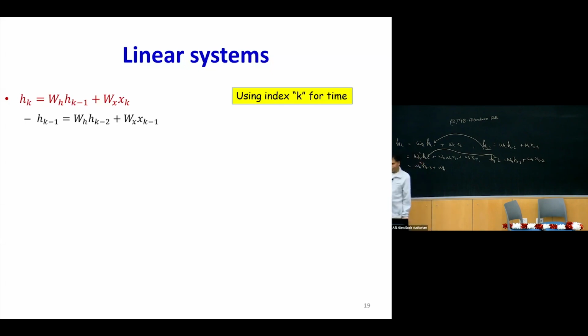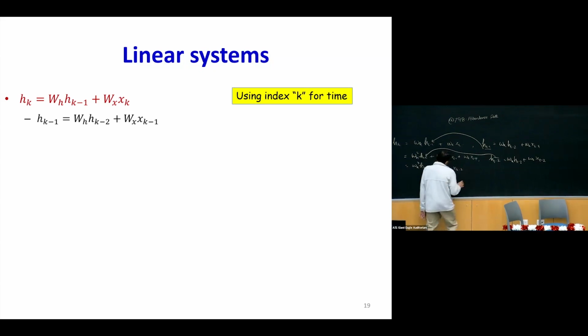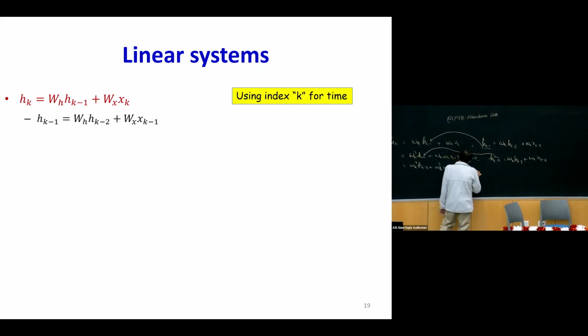Help me, guys. Is it just W_h squared, W_x x_{t-2} plus W_h W_x x_{t-1} plus W_x x_t.